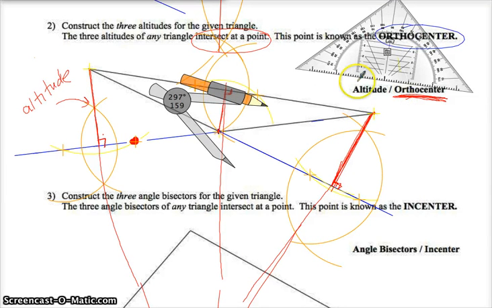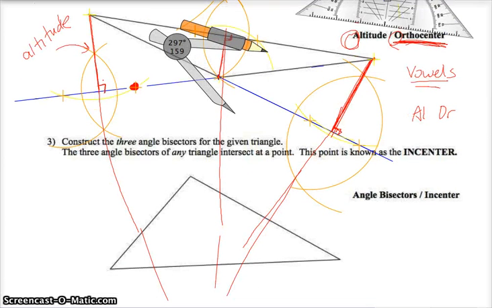Now I think it's hard to remember these different things. So altitude, orthocenter, they both start with vowels, so you know those match up. Angle bisector and incenter both start with vowels, the A and the I, and their second letter is both N. That's how I remember it.